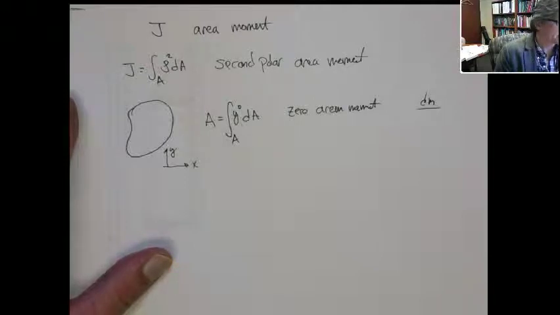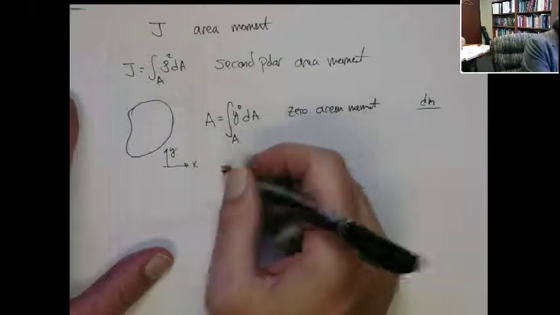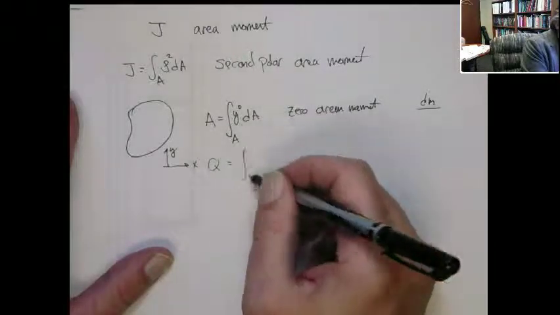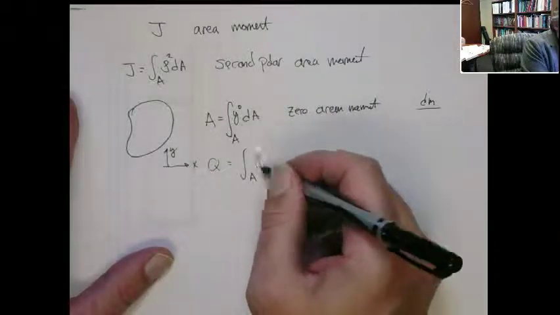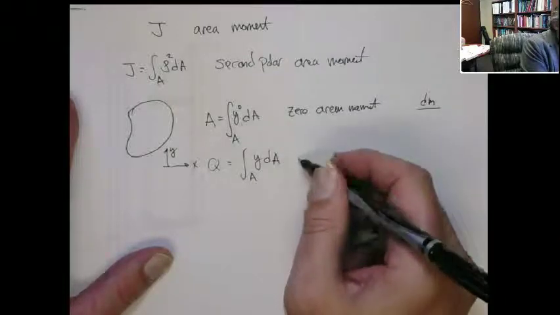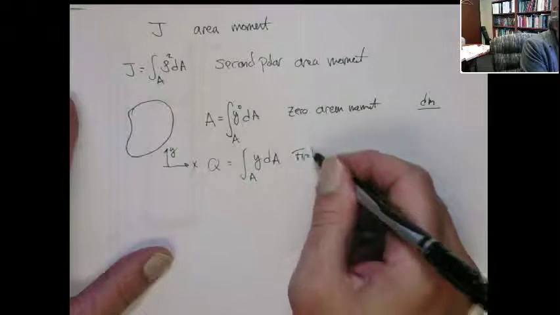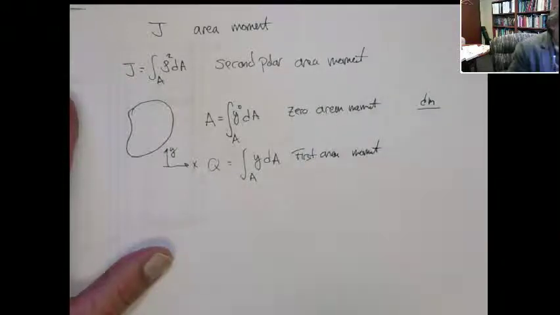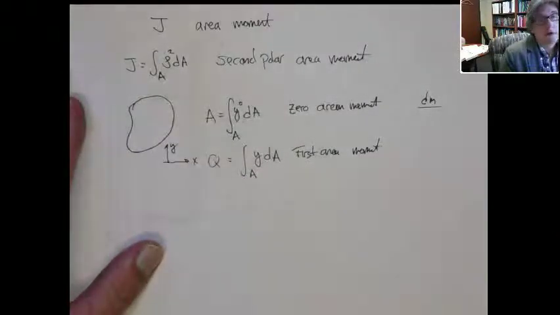All right. Now, you can also imagine a first area. We'll call this a Q actually later on, where it would be y to the first, because y would be that first area. You see this when we talk about finding centroid.